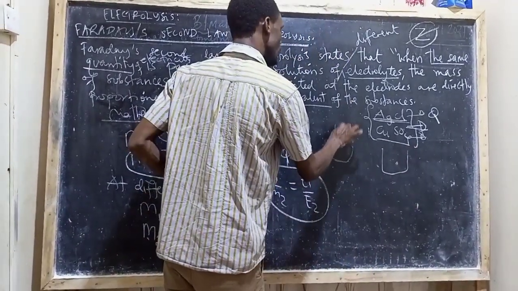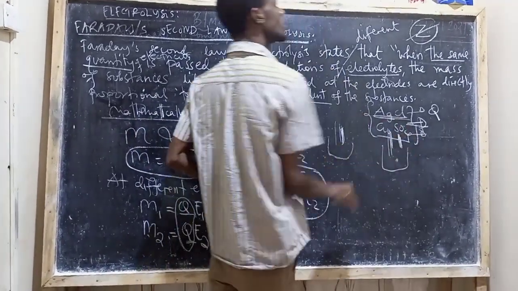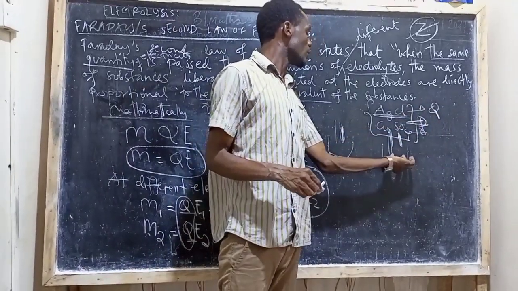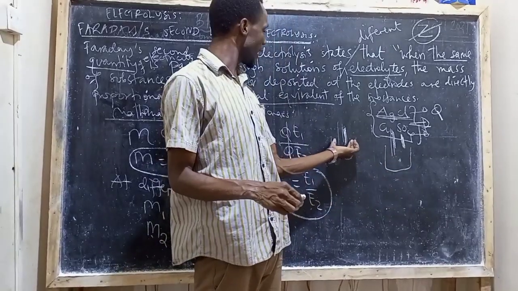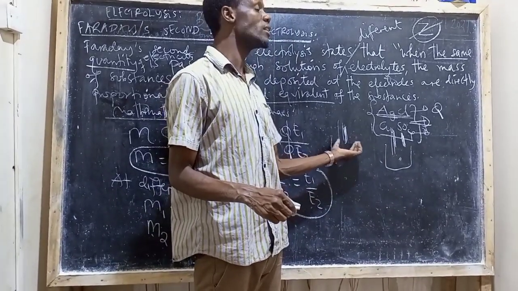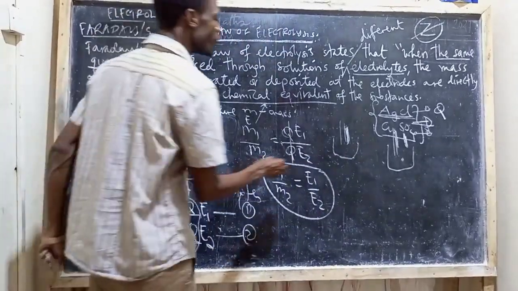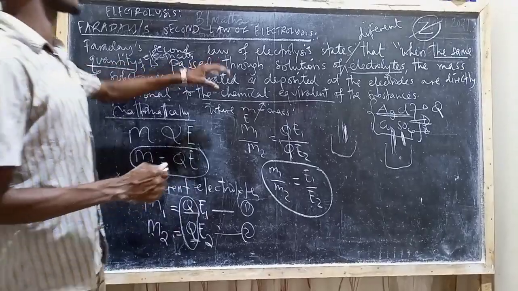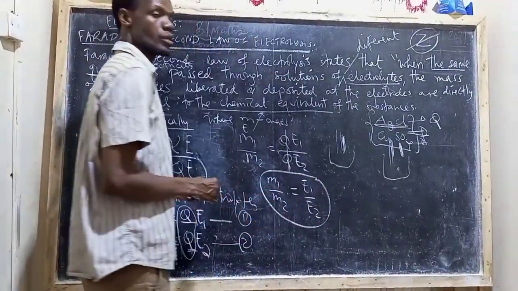The current and the quantity of electricity passing here are the same, which means the same time was taken for the current passing through the electrolytes. Therefore, this is the formula that is developed. Once you are talking about different electrolytes, this is the formula that we use.